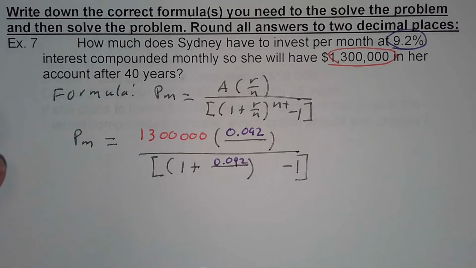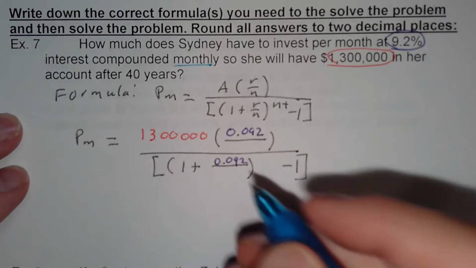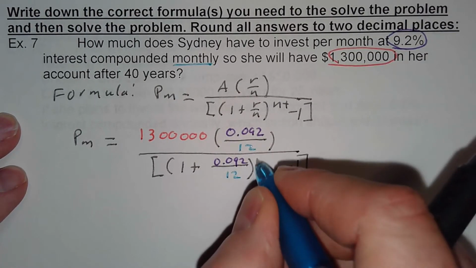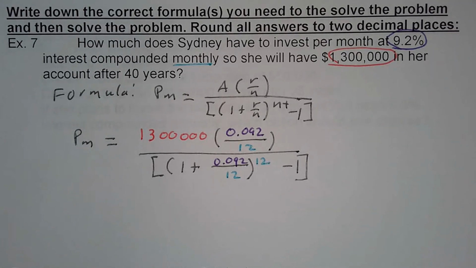And we're doing this monthly, so N is 12. And we're doing this for 40 years, so a little while.